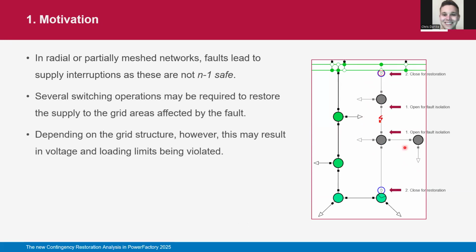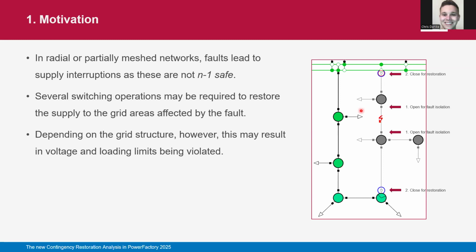In that case, the fault first has to be isolated, and then the resupply from both sides has to be done so that the customers are supplied again. These switching operations are totally dependent on the grid structure and the location of the fault, so in most cases it's not possible to have a predefined switching scenario beforehand.